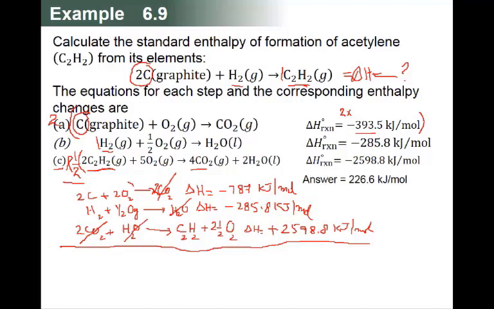This 2.5 oxygen and this 2.5 oxygen cancel. So what is left? 2 carbon plus hydrogen change to C2H2. Check if it is equal to the question or not. Yes, 2 carbon plus 1 hydrogen change to acetylene. This and this final equation are the same.